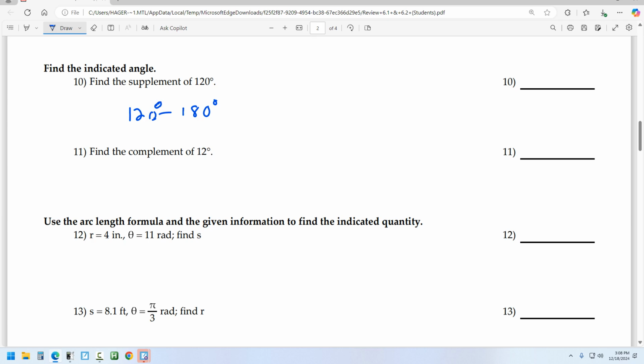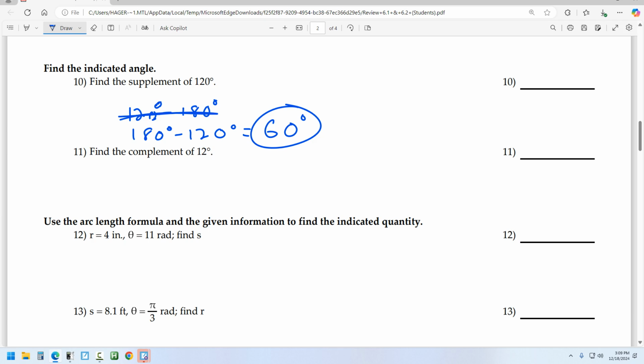That's going to give me a negative angle. Is it 180 minus that? 180 minus it, yeah. So it's 180 minus 120, which would give me 60. So that is the supplement of 120 degrees.